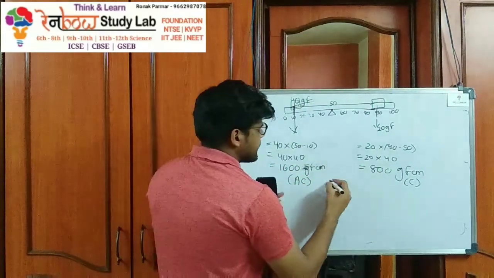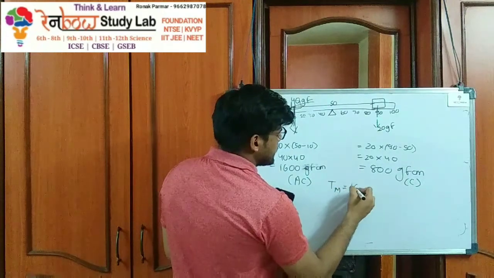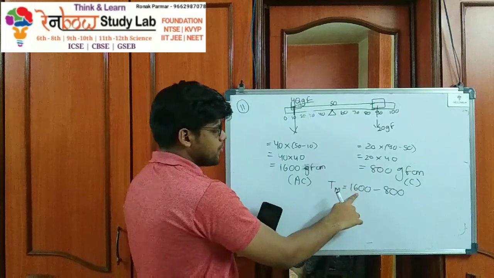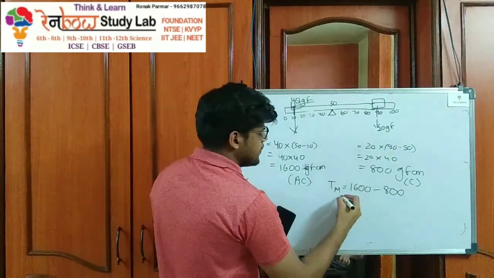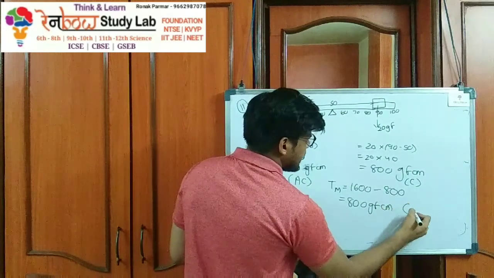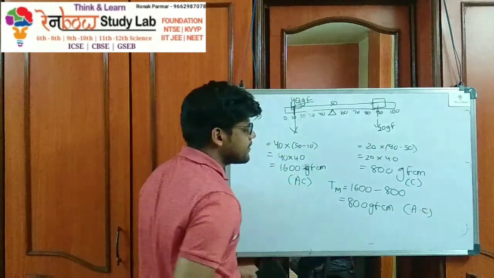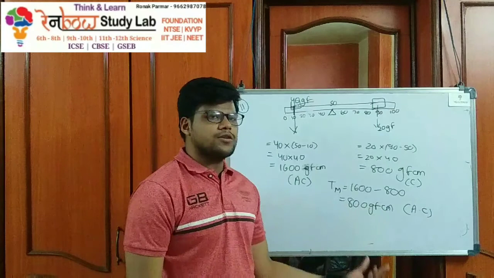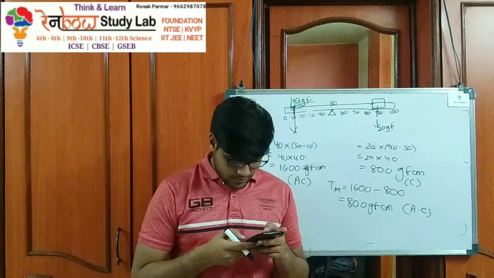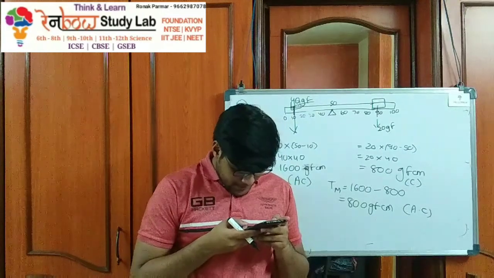So total moment will be 1600 minus 800, because I have told you anti-clockwise is positive and clockwise is negative. So 800 GF centimeter in anti-clockwise direction. Why? Because your answer is positive, that means anti-clockwise direction.